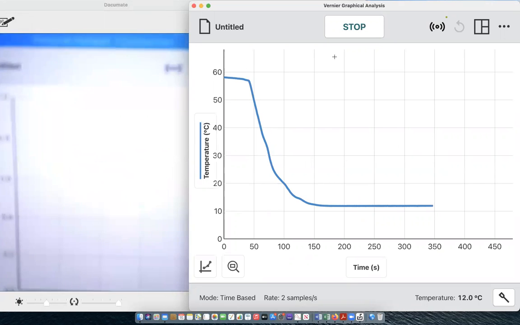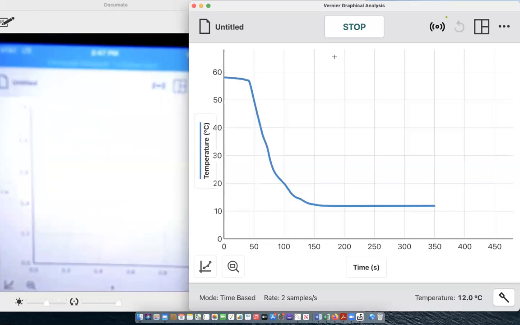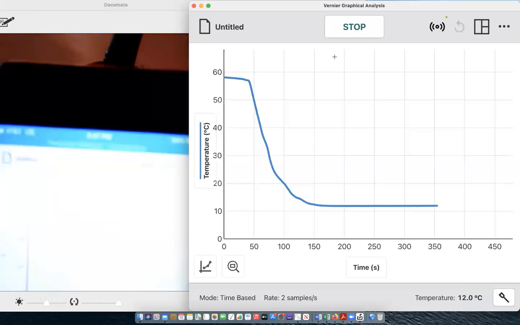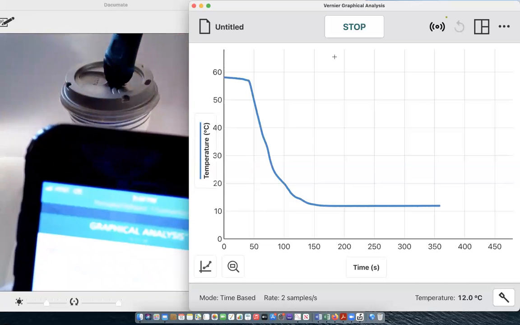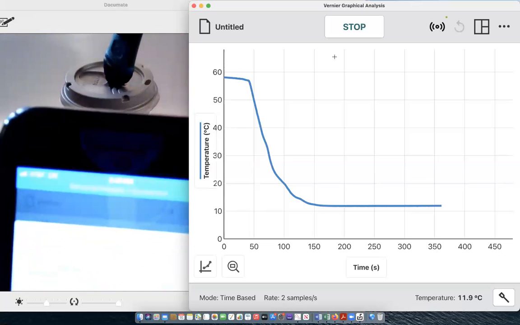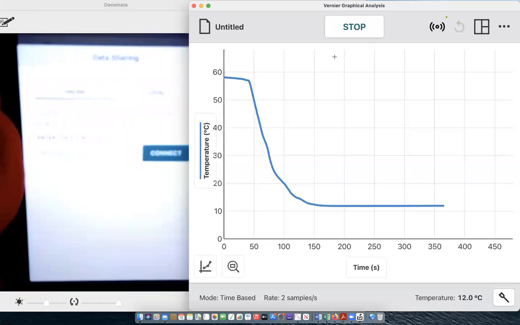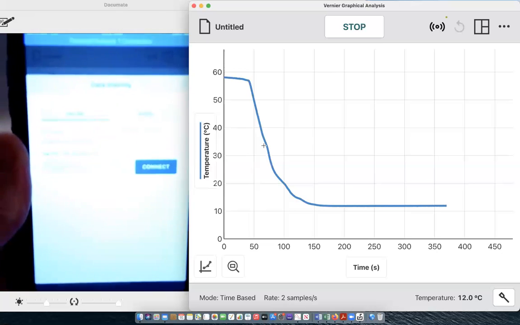And when I click on data sharing, it's going to connect to the same device. It's going to actually link to the device that the teacher is using. So it's going to ask me to connect to this.